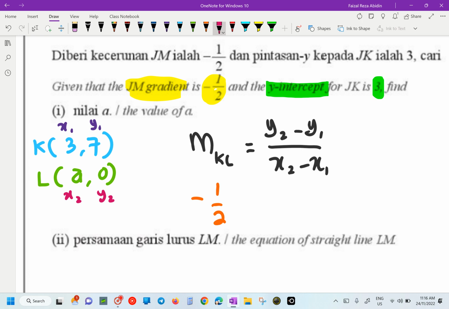Yes. So, substitute. y2 is 0 minus y1, which is 7, over x2, which is a, minus x1, which is 3.